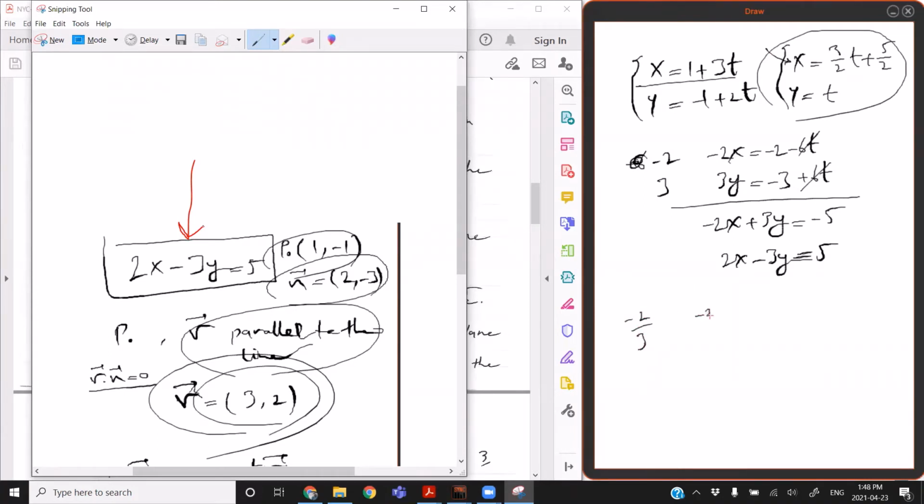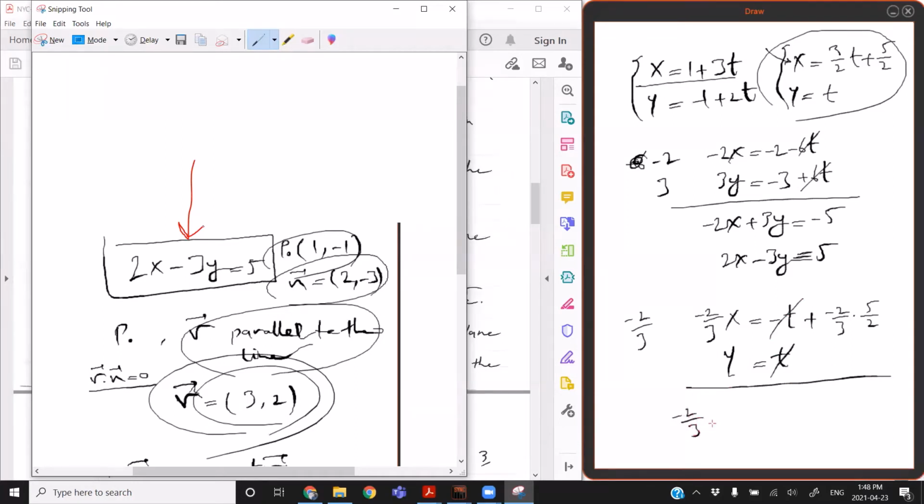It will give me -2/3x is equal -2/3 times 3/2 is -t plus -2/3 times 5/2. And then for y equal t, I don't change anything. I'm trying to eliminate t.